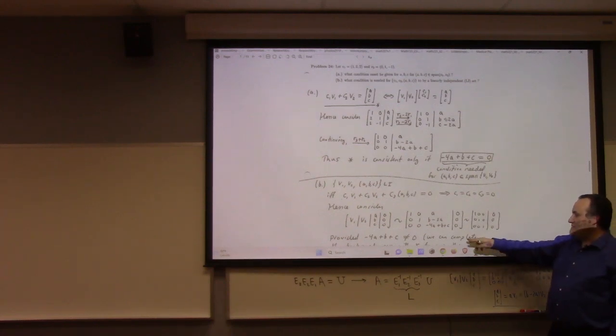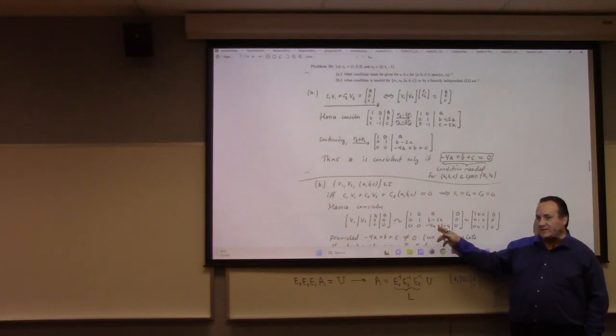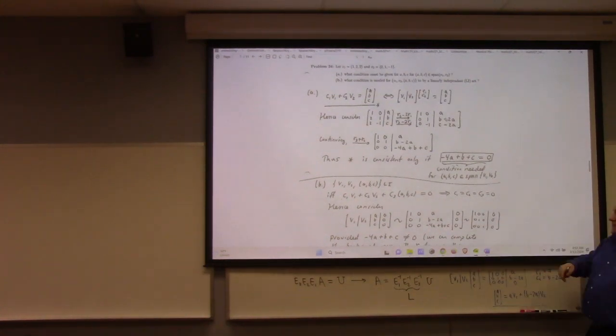So we need the condition that minus 4a plus b plus c is not equal to 0 in order to make this non-zero and be able to clear that out. If that doesn't happen, then we can't do that, and that means that the last row is zeros, which means there's infinitely many solutions. And if there's infinitely many solutions, that means in addition to the zero solution, there must be a non-zero solution.